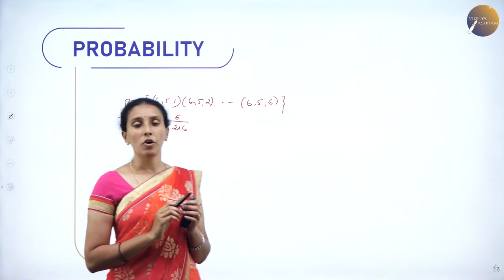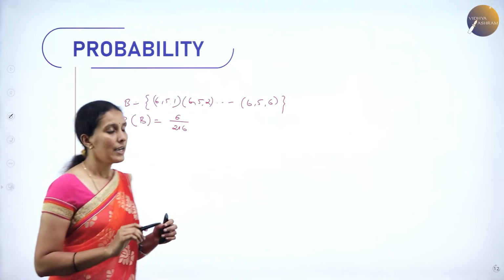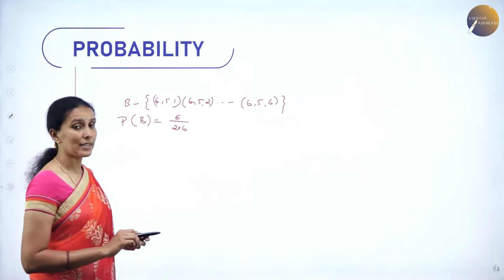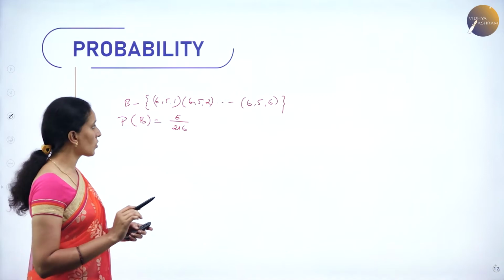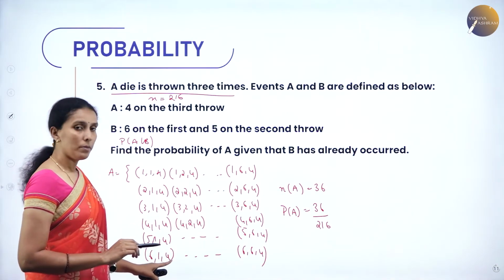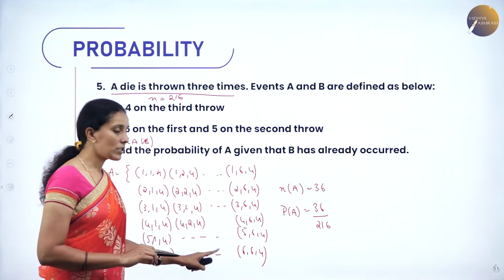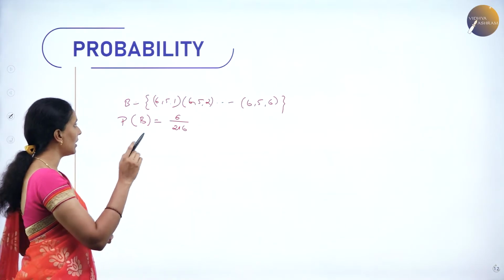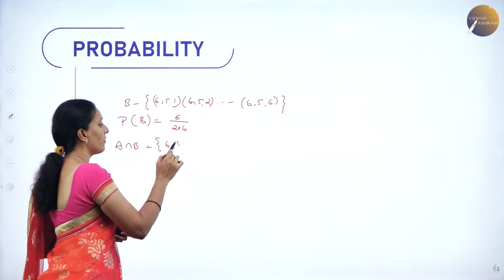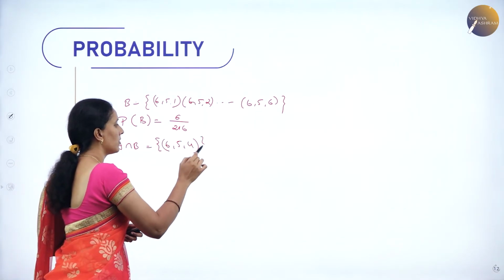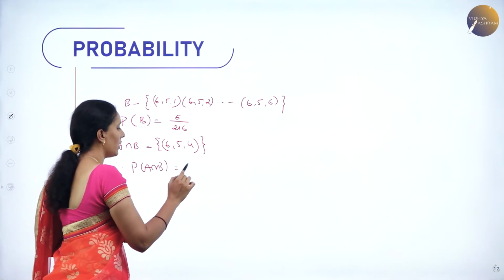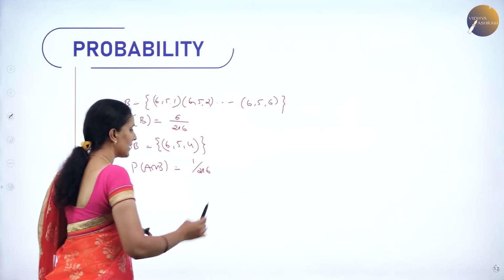Because the total number of outcomes is 216, the probability of B is 6 over 216. Now, which element is common in both? The only common element, that is A intersection B, is 654. Therefore the probability of A intersection B is 1 divided by 216.